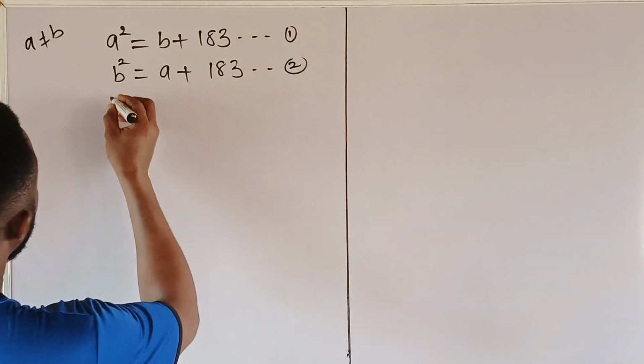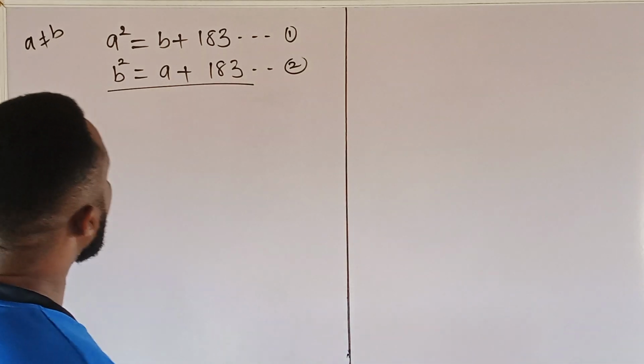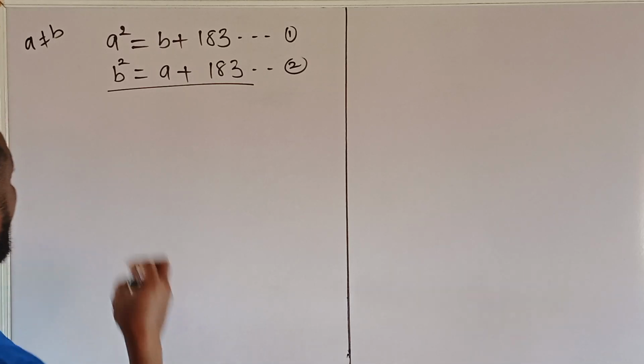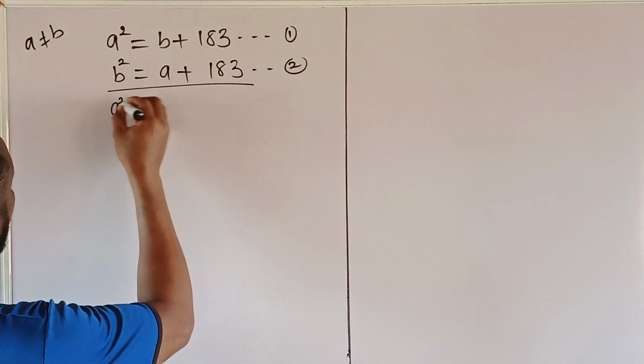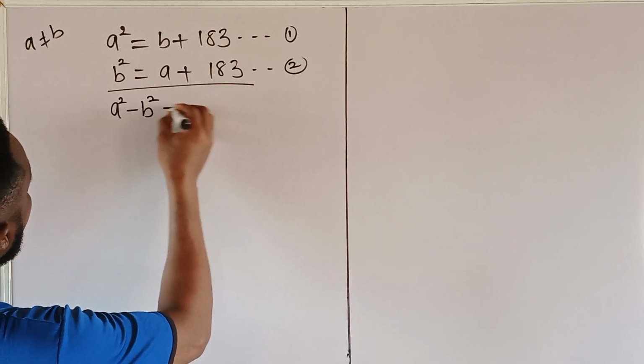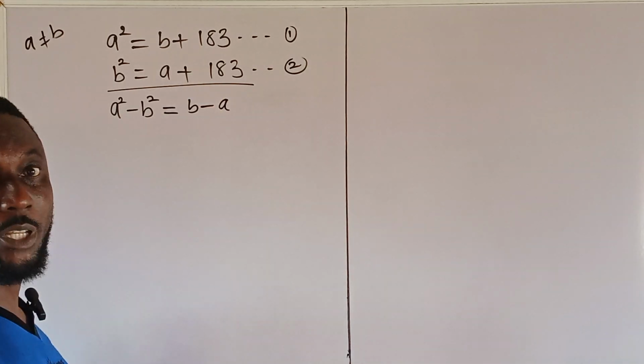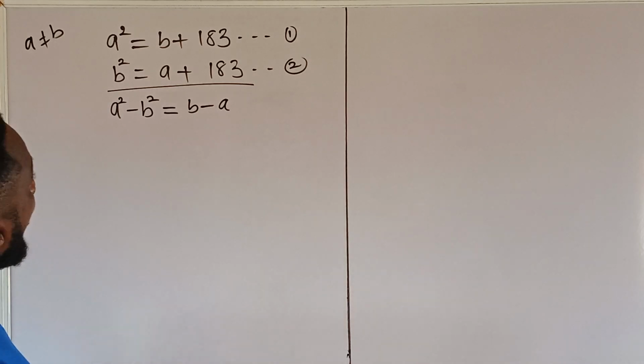The first thing we shall do is to subtract equation 2 from equation 1. So that will give us A squared minus B squared equal to B minus A, 183 minus 183, which subtracts out to be 0.